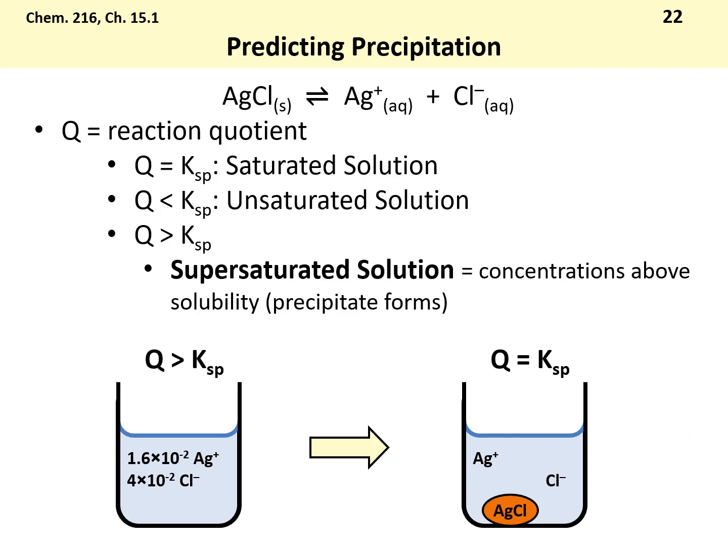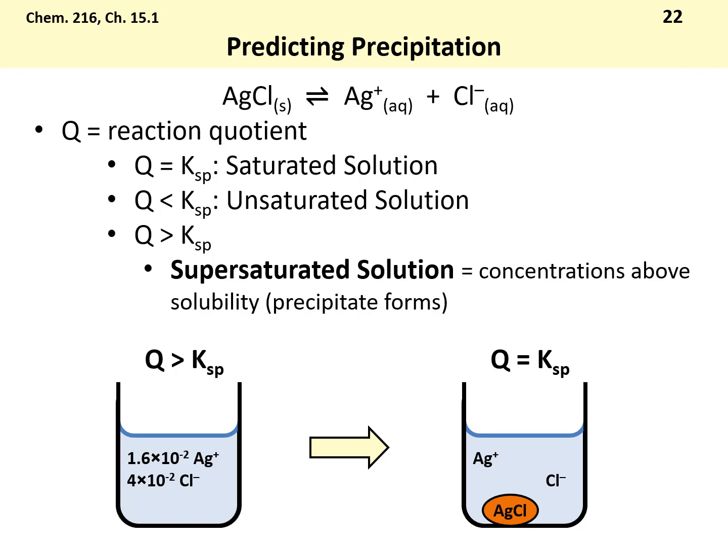And then we can have a case where Q is greater than K. These are very rare, and this is what we call a supersaturated solution. A supersaturated solution is when our concentrations are above the solubility. So for instance, let's say I had a solution that had 1.6 times 10 to the minus 2 Ag plus, and 4.4 times 10 to the minus 2 Cl minus.